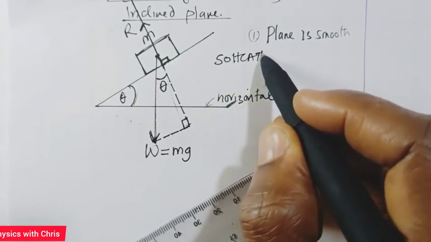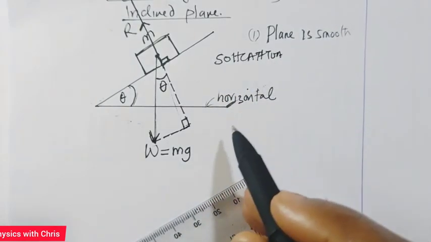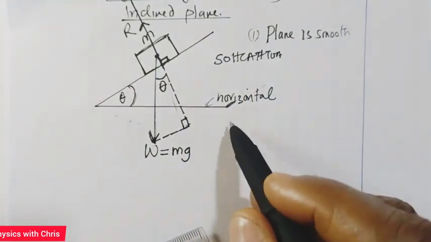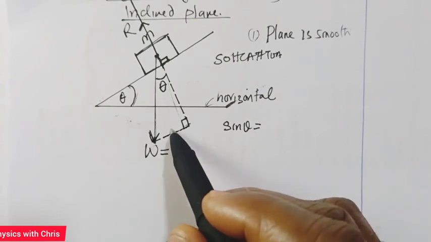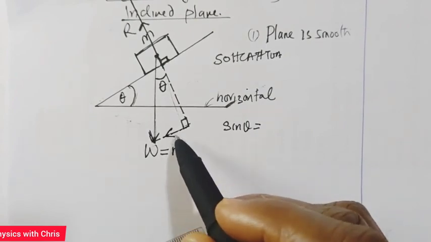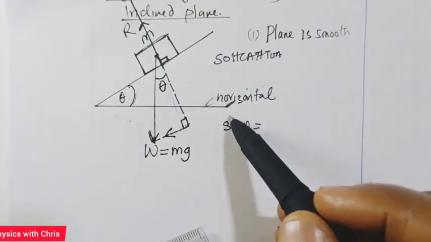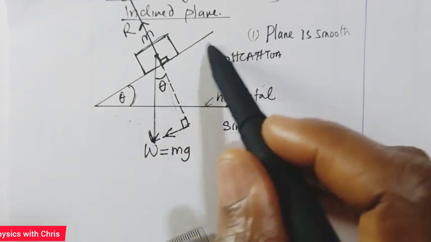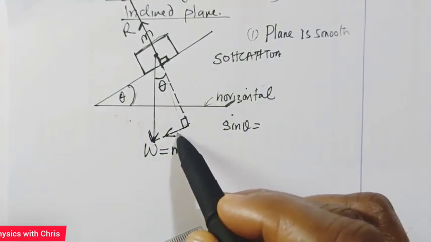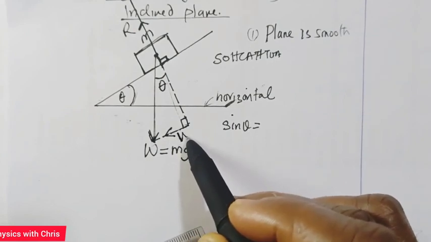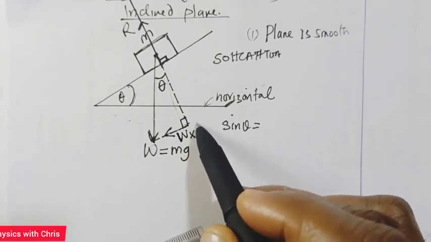by SOHCAHTOA, I have sine theta. Sine theta is equal to the opposite. Now, this opposite side is parallel to the plane surface. It's parallel to the inclined plane. So I can call this my Wx, because that's the component along the plane.